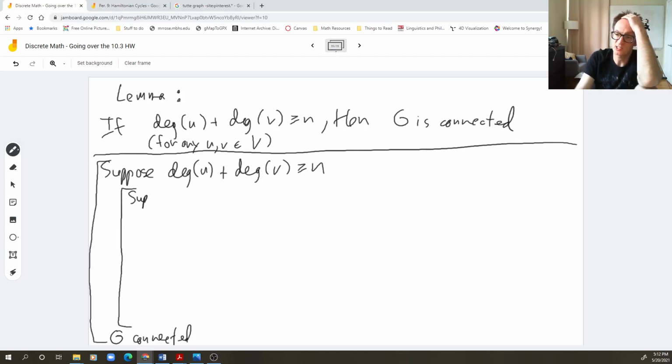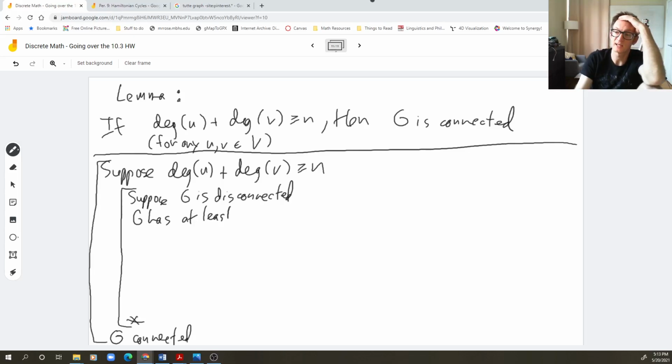So now suppose that G is disconnected, and then this is going to lead to a contradiction. Well, if G is disconnected, then G has at least two components. Call those components C1 and C2.